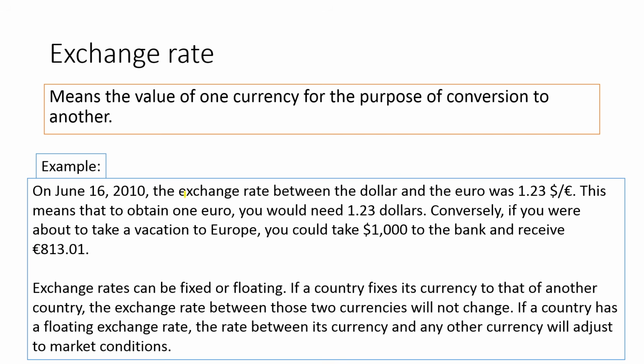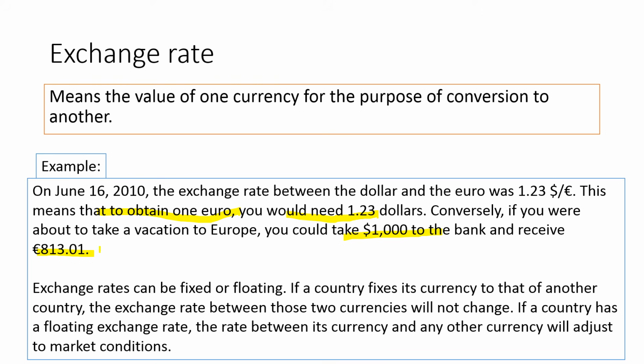So this means that to obtain 1 euro, you would need $1.23. Conversely, if you were about to take a vacation to Europe, you could take $1,000 to the bank and receive only 813 euros. So this is what exchange rate basically means.